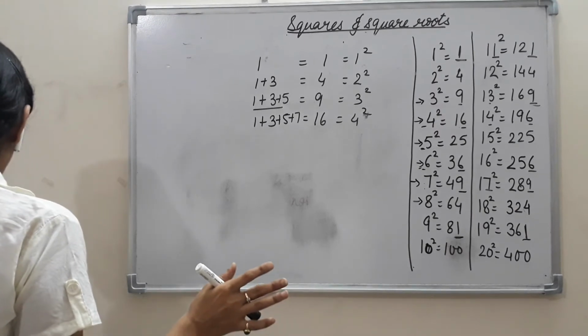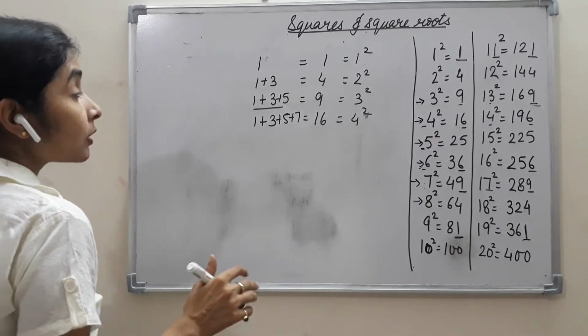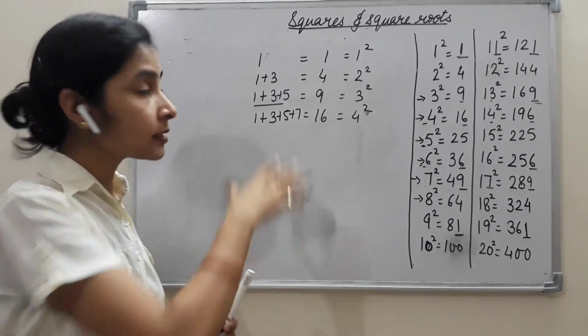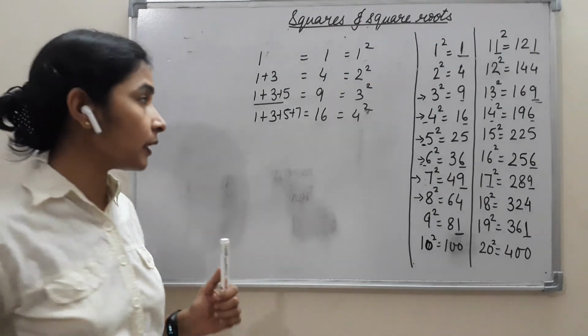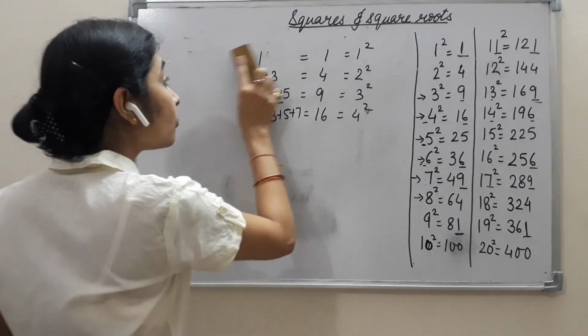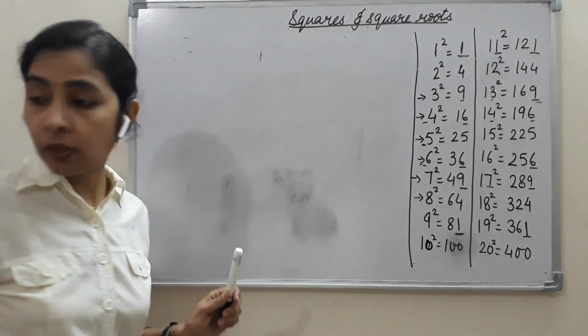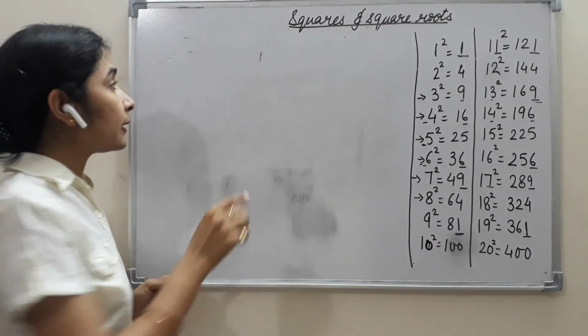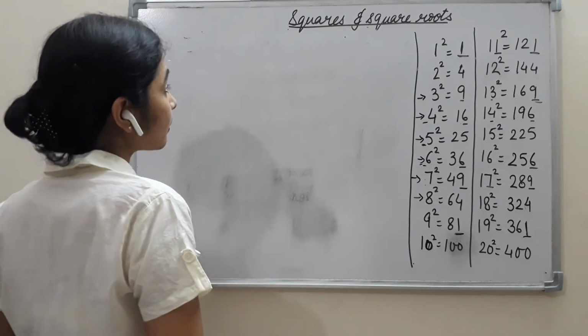Now the next thing. These were the consecutive perfect square numbers we were taking. Now, when we are given two consecutive even numbers or two consecutive odd numbers, I'll take the example of two consecutive even numbers first and then the odd numbers.